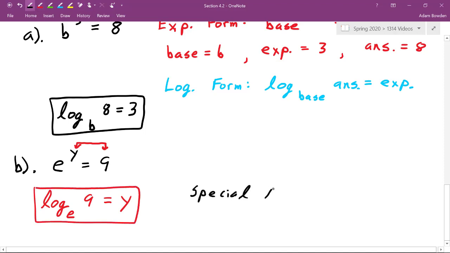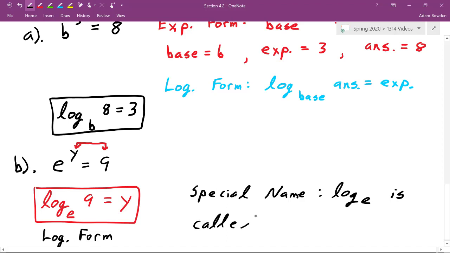Before we move on, this is the log form, but there is a special name given to log base e that we'll talk about in a little bit. Log base e is also called ln for short.